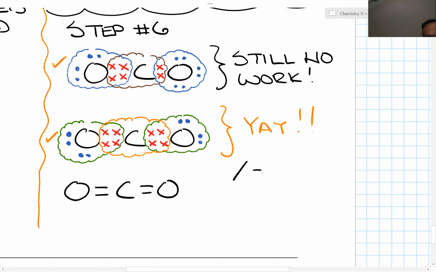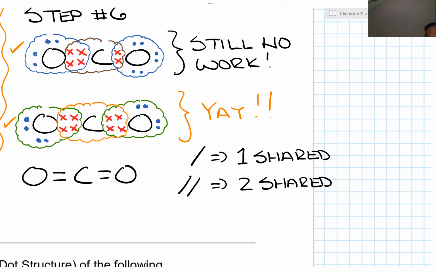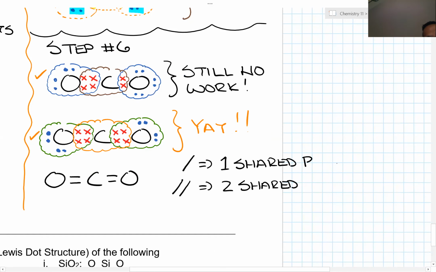So if you have a single line, that represents 1 shared pair, and this is called a single bond. 2 lines means 2 shared pairs. That would be a double bond. Here would be 3 shared pairs. That would be called a triple bond.